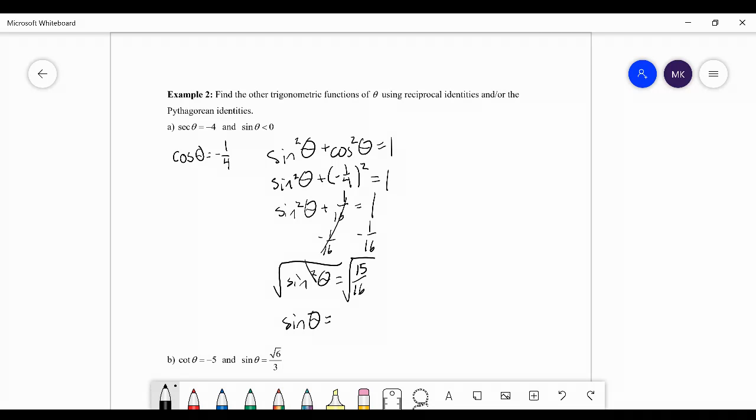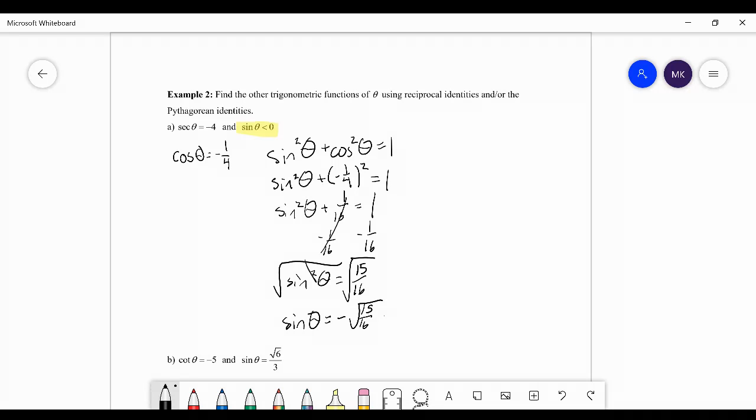So if we didn't have any more information, we would get that sine theta is plus or minus the square root of 15/16. The problem is we don't really know which one it would be. But because in this problem we're told that sine of theta is less than 0, we know that this has to be the negative version. So this is negative root 15/16.